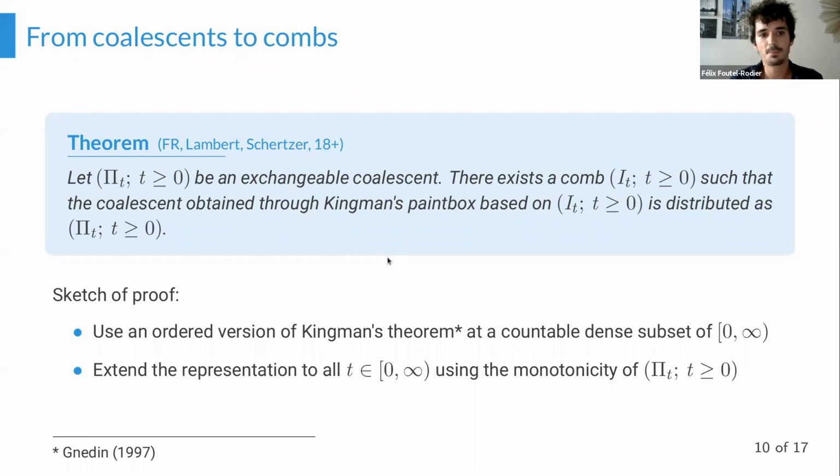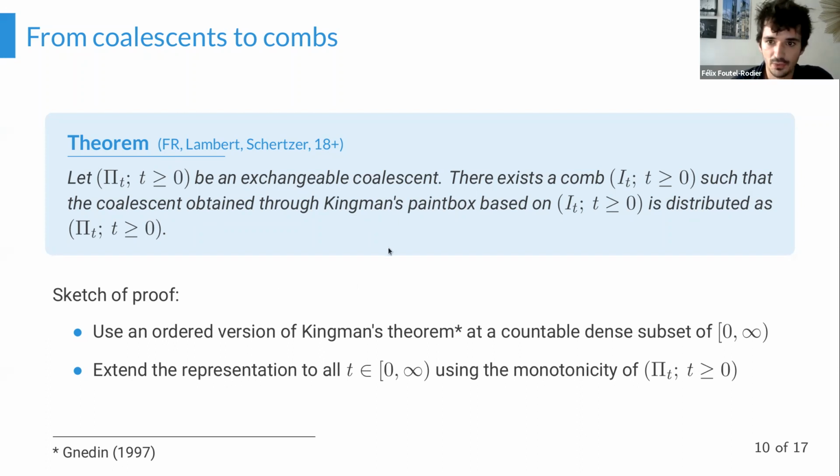It's actually using Kingman's theorem at some dense subset of (0, infinity), and that gives me a whole set of open intervals. And now I can just use the monotonicity of the coalescent to fill in the gaps and take limits, right and left limits, to define for all time t the comb. And now it's just technical to check that indeed you recover the original exchangeable coalescent.